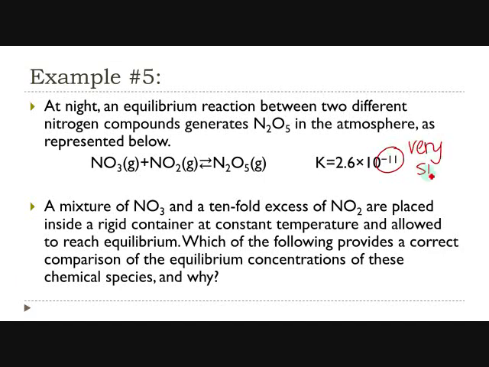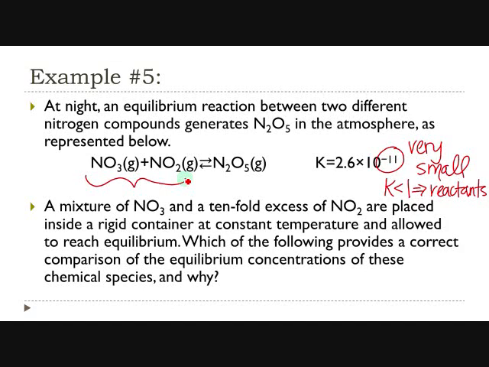And we just learned that when K is less than 1, we will have mostly reactants at equilibrium. So we're going to have more of the reactant side than the product side when we are at the equilibrium position.